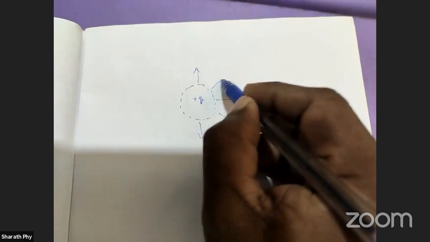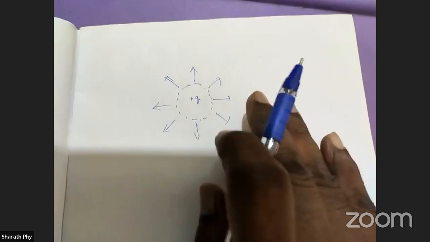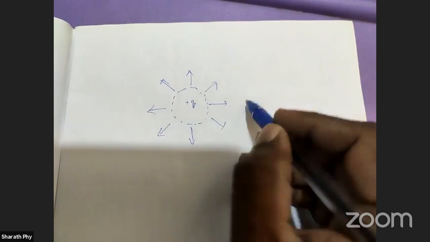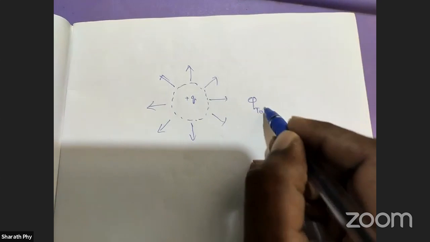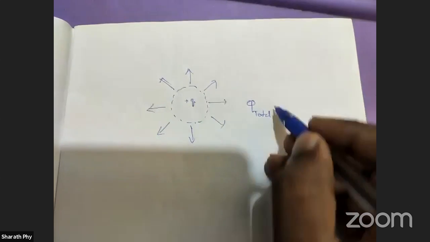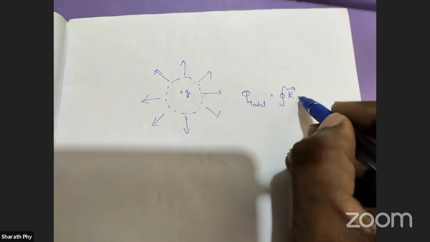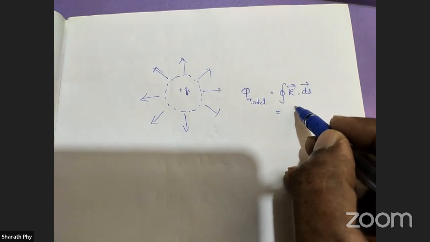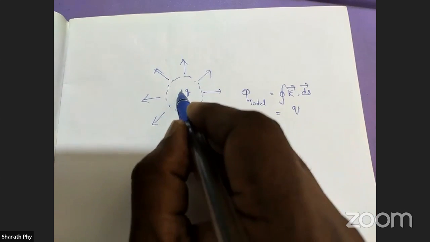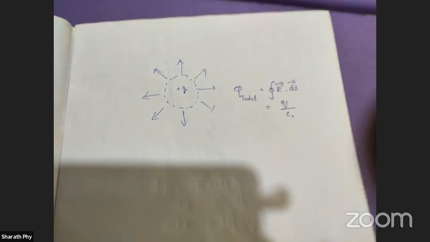Electric field lines are coming out normally in all directions. The total electric flux linked with the surface is equal to the surface integral of E bar dot ds bar. This is nothing but the charge enclosed divided by the permittivity of free space.